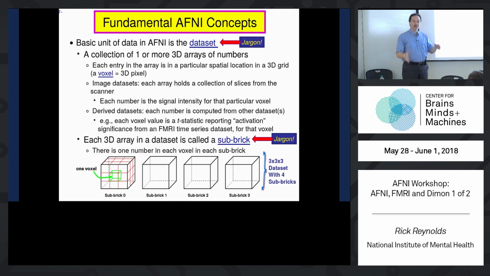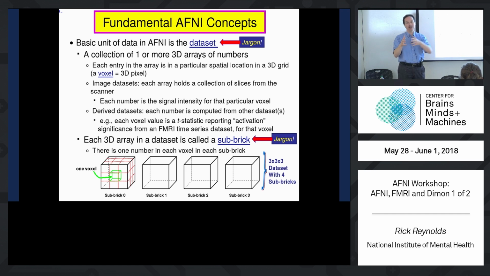So he made the data sets. One data set was called a brick file, just again to remind people that it's three-dimensional, a brick, solid object, box. But then it went to 3D plus time. Now it became a four-dimensional data set. But that's still named brick in the file system.